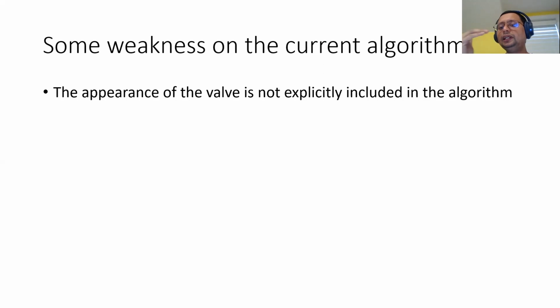The appearance of the valve is not explicitly included in the algorithm. When we did the study, we saw that the algorithm is not as accurate as we want it to be. It is not weak, but it is not so good either. So in our study, we propose to include the appearance of the valve in our algorithm.